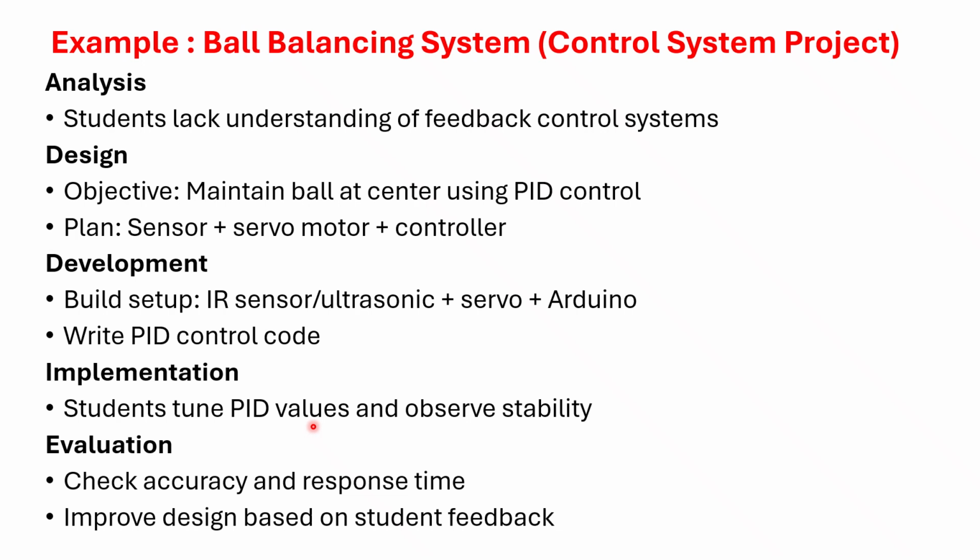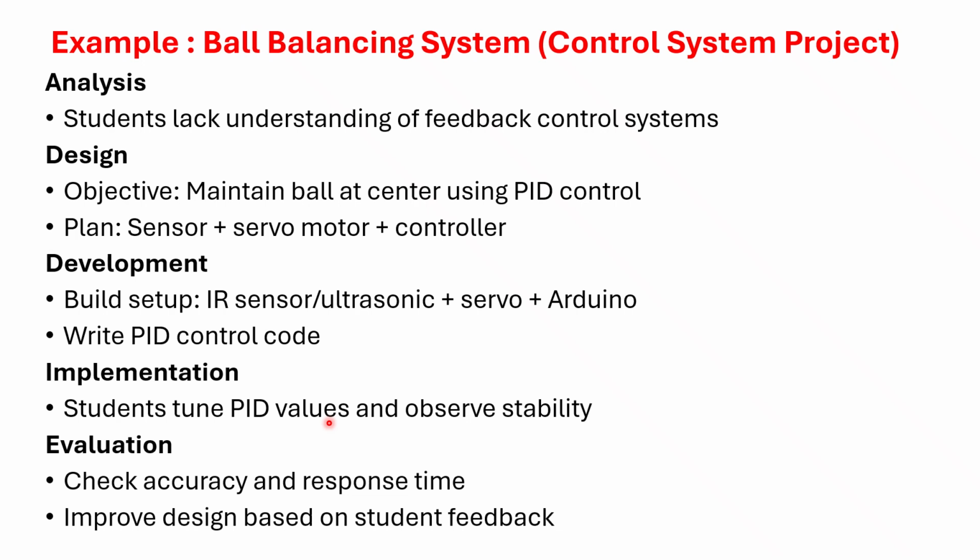overall system stability. There are a lot of methods available for tuning the proportional, integral, and derivative gain values. Students can also randomly change the PID values and clearly observe how the system is performing. Either the overshoot is increasing, or the system stability is not reached, the system is not able to stabilize, or an undershoot will be there.